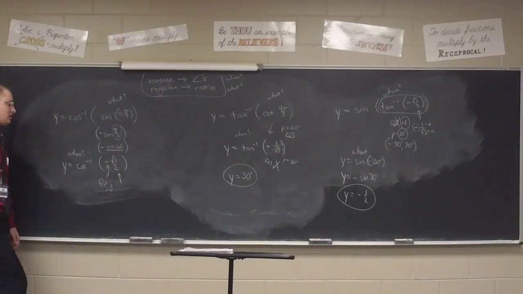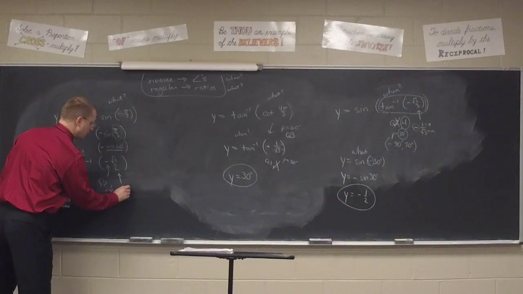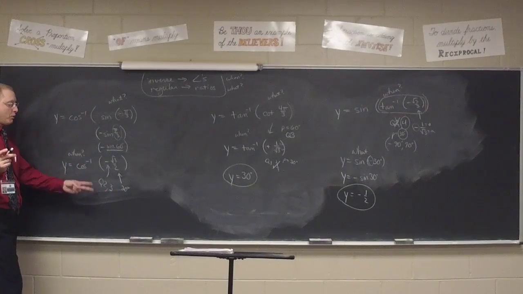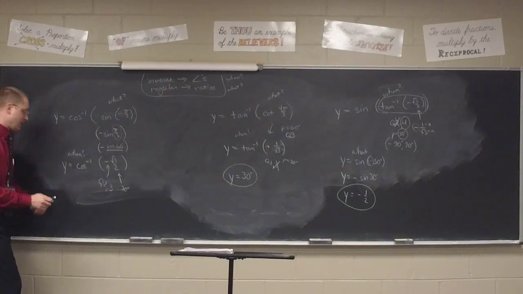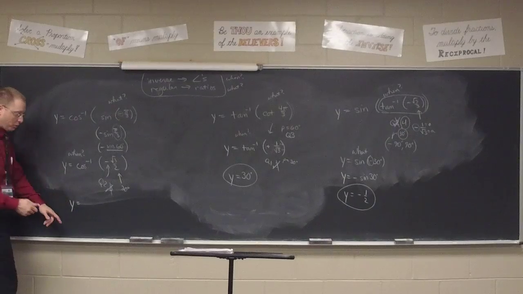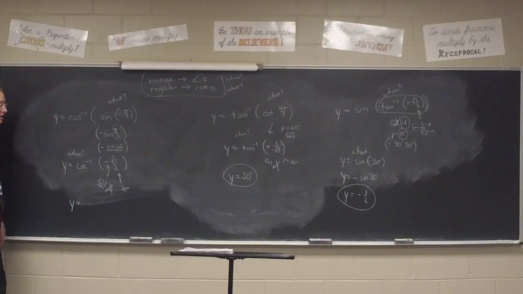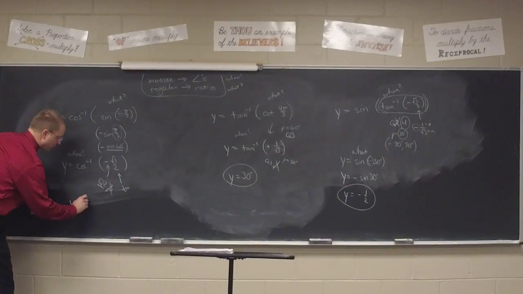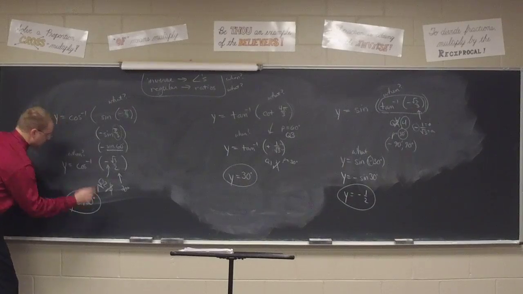When is cosine square root of 3 over 2? 30. But I can't keep both 30s. I'm going to get an angle singular. Okay, I can't get two angles. Which quadrant's angle do I kick out? 2 or 3. Quadrant 3. Because remember, our cosine is 0 to 180. Again, that's why you have to have those ranges memorized. It's 0 to 180. So when you kick out the third quadrant, I'm only keeping the second quadrant, which is 150. And there's our answer.